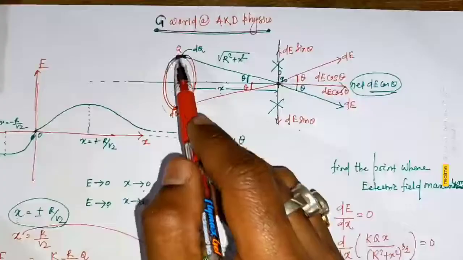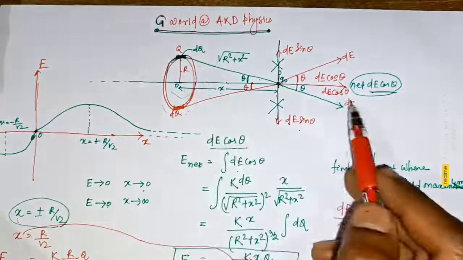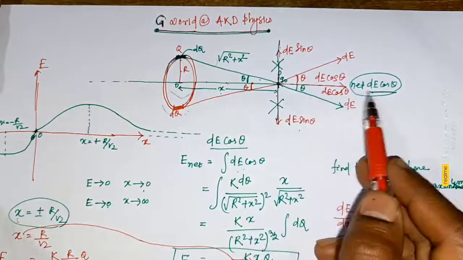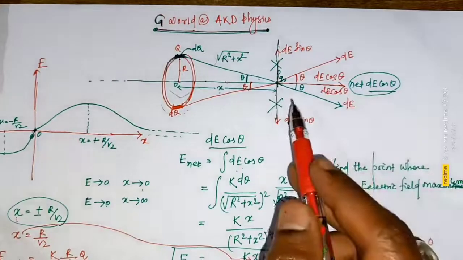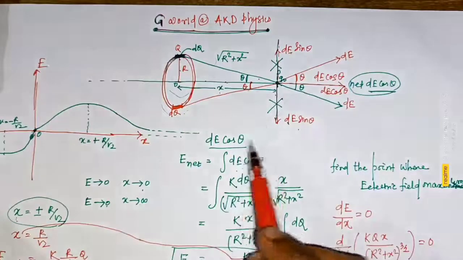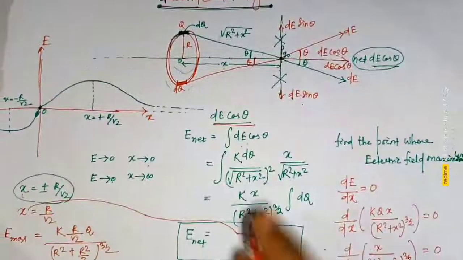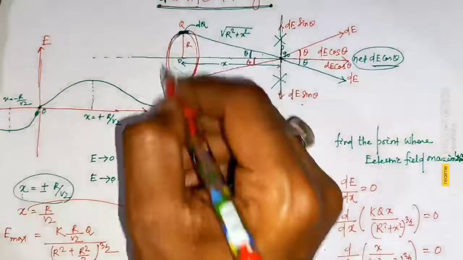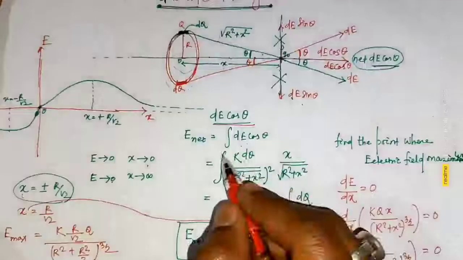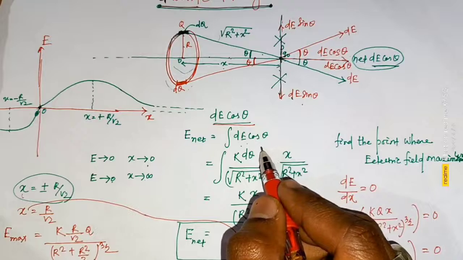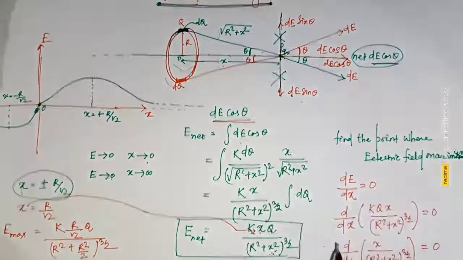Using the vector component method, I find the net electric field due to the small elements. This is dE cos theta. After that, for the total electric field due to the small elements, can I use the integration technique? Yes, I can use the integration of dE cos theta.